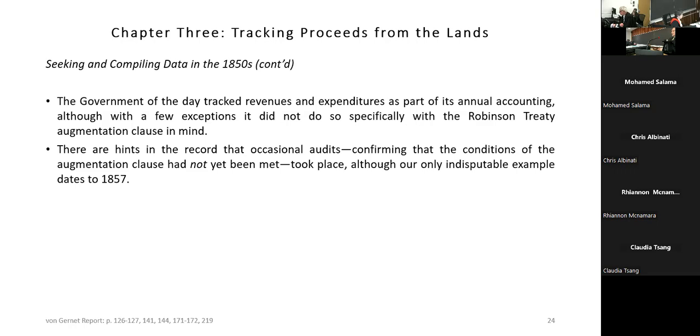Because as late as 1873, he was saying that until recent times, he had always been led to believe that the income from the lands had not been sufficient yet. So somebody must have given him that understanding.